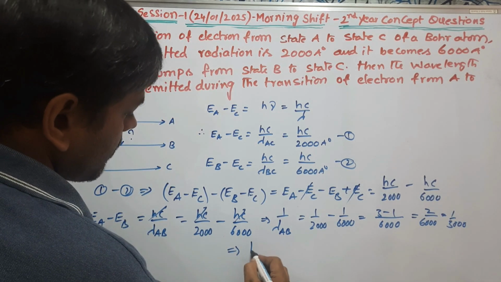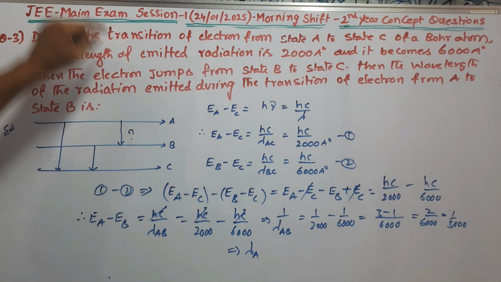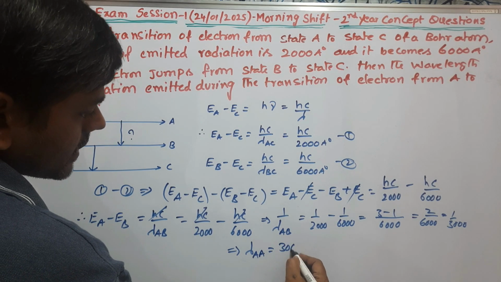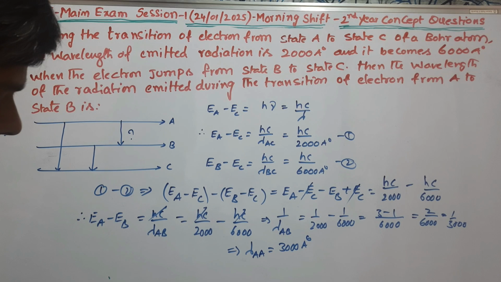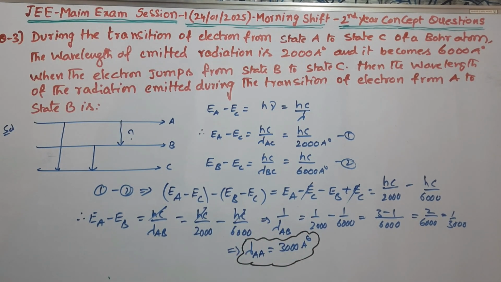That implies the wavelength of emitted radiation when the electron jumps from A to B is lambda equal to 3000 angstrom. So this is the answer for this question, okay, right.